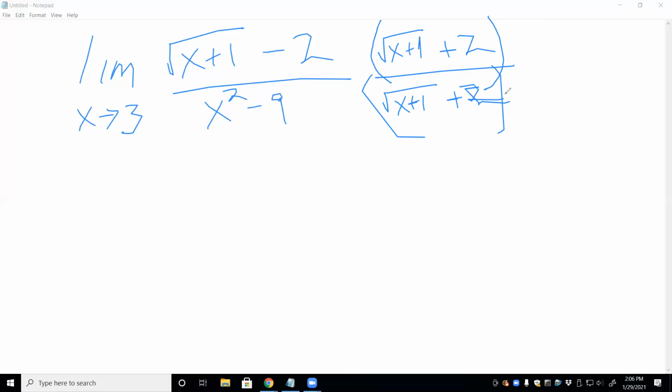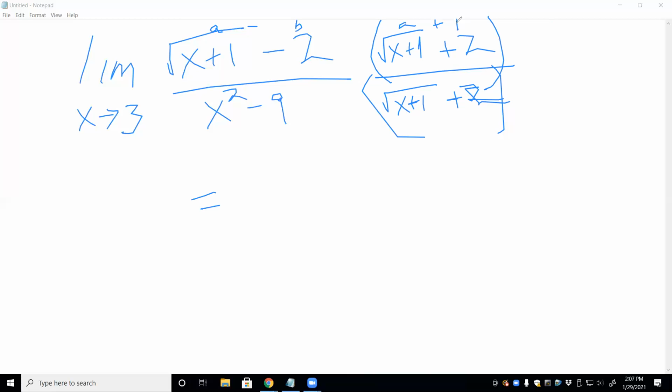And what's going to happen is, because I'm multiplying the numerator by the conjugate, it's going to get rid of the radical sign. That's what I'm looking to do. That's the secret to solving these: you want to get rid of the radical sign. So if you'll notice, the numerator is a minus b times a plus b.